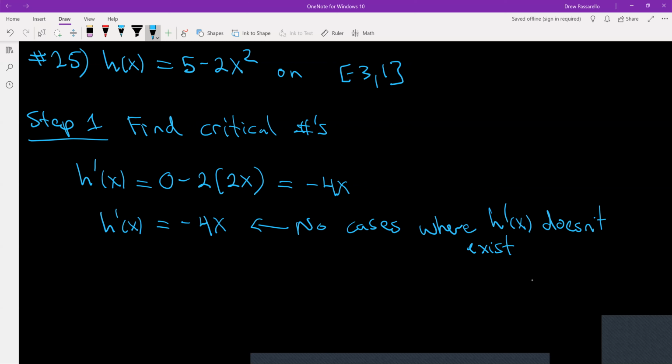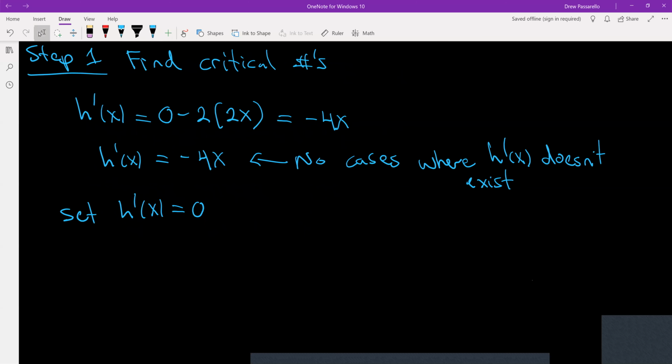So I just go ahead and set the derivative equal to 0. I set negative 4x equal to 0, and then you divide both sides by negative 4. So then x is going to be 0. All right, so 0 is a critical number.